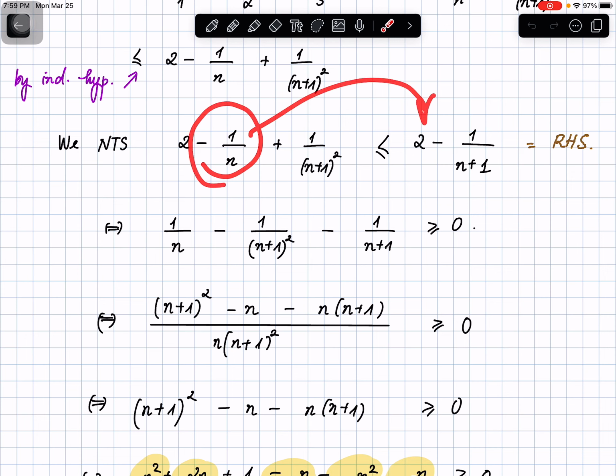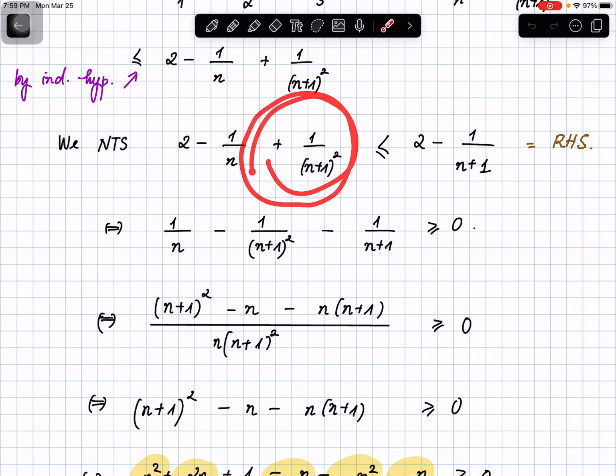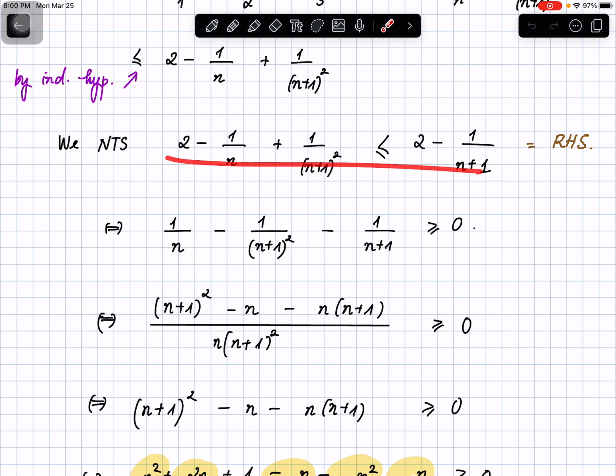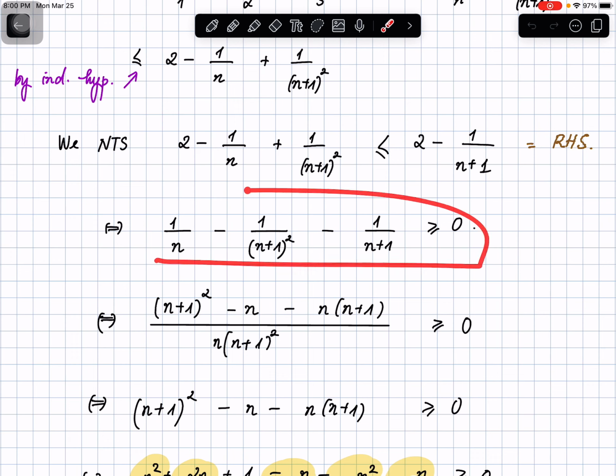Put it to the right hand side, we have plus 1/n. Plus 1/(n+1)², put to the right hand side, we have minus 1/(n+1)². So this is equivalent to this being greater than or equal to 0. So we just move everything to the right.